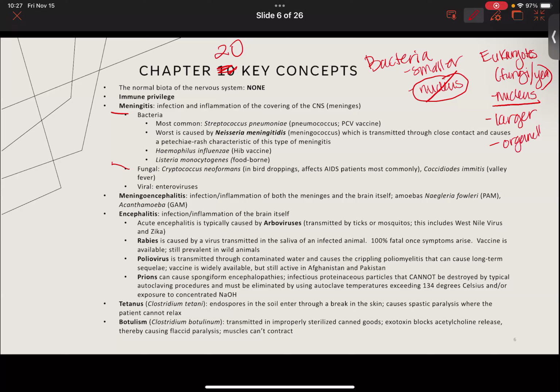Organelles, like mitochondria, the Golgi apparatus, the endoplasmic reticulum, all of which can be seen in a gram stain. So gram stain is your key identifier, because also in the gram stain, you won't see anything if it's viral, because you can't see viruses in those microscopes. So if you're looking at a gram stain, you can clearly say whether it is bacterial, whether it is fungal, or whether it is viral if it's meningitis.